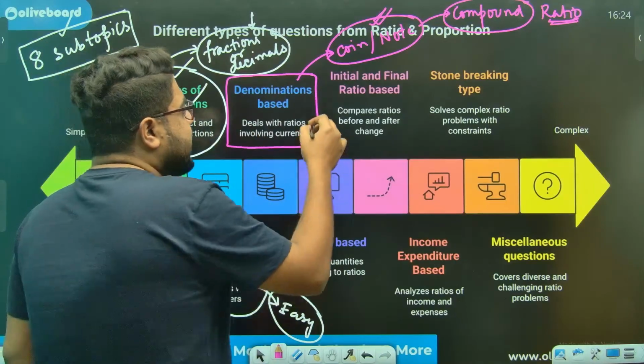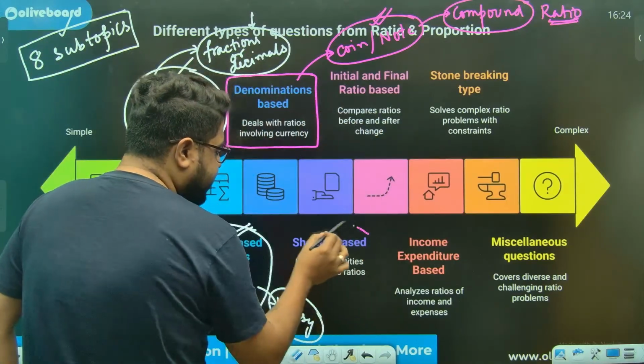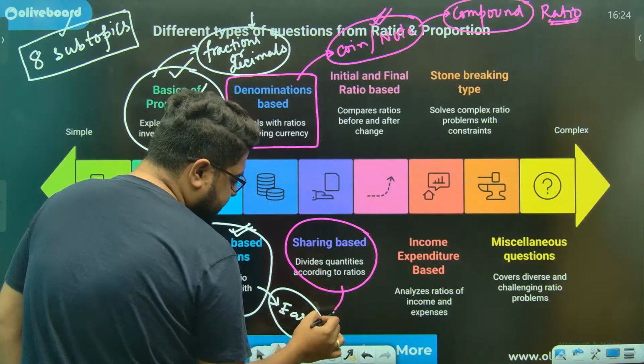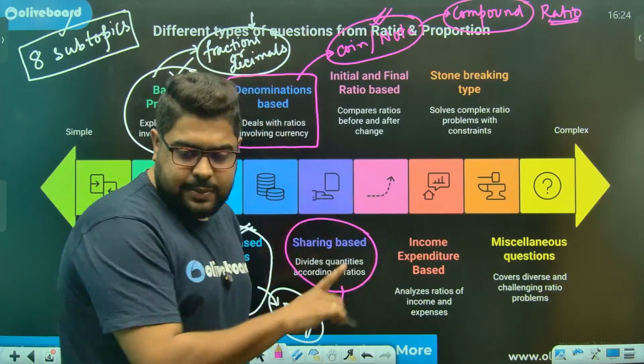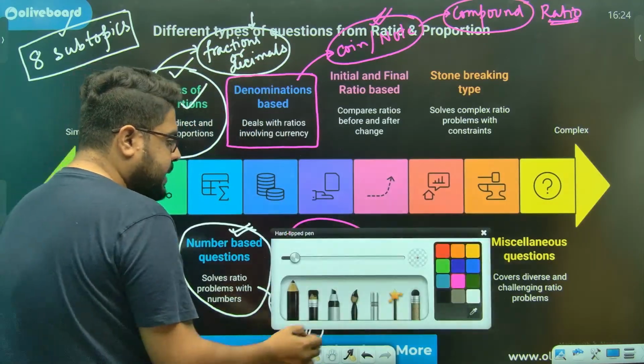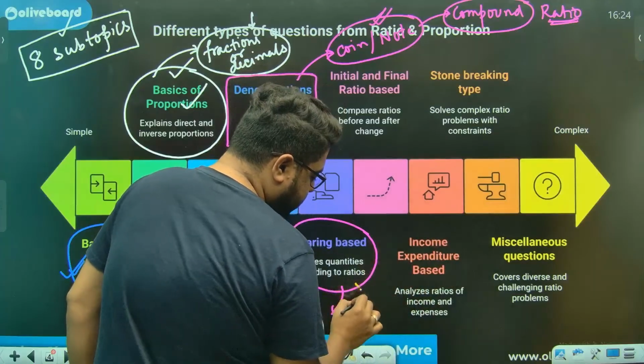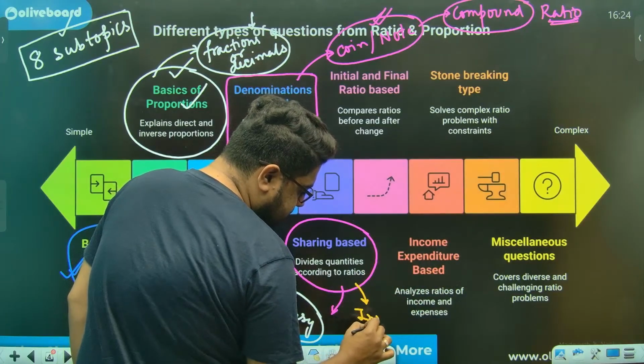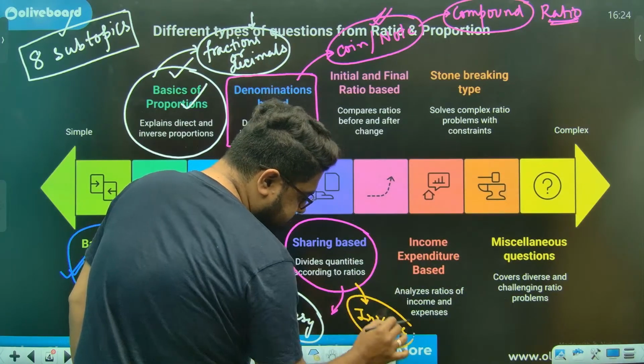Next comes, sir, sharing based questions. Again, this is also considered to be the easy type. Sometimes in the sharing based questions, there is a use of inverse ratio concept, especially in the shortcut section.